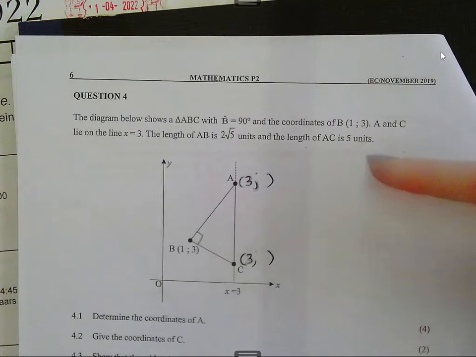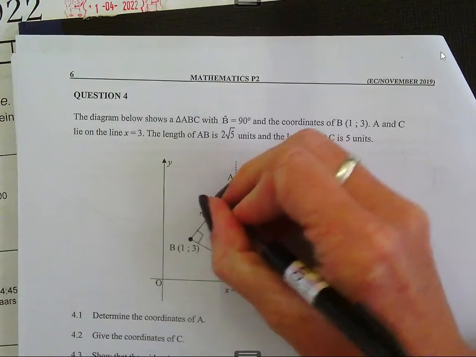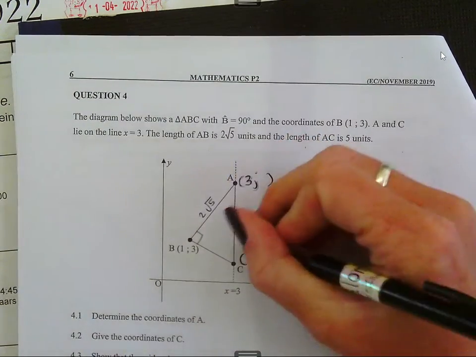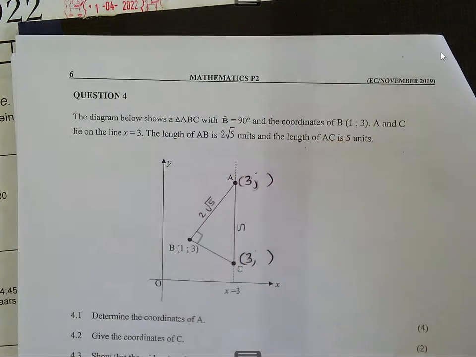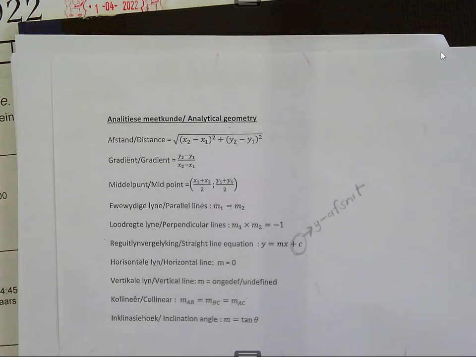Do you understand? Okay. And then they say the length of AB is 2√5, and the length of AC is 5. Now I gave you this summary as well, ne? Analytical geometry.